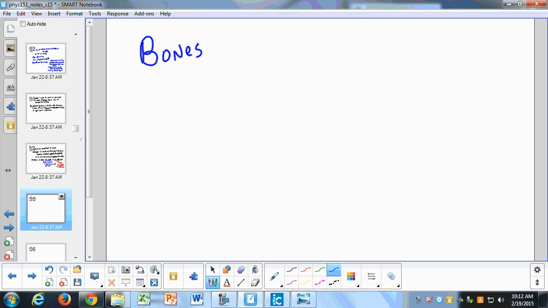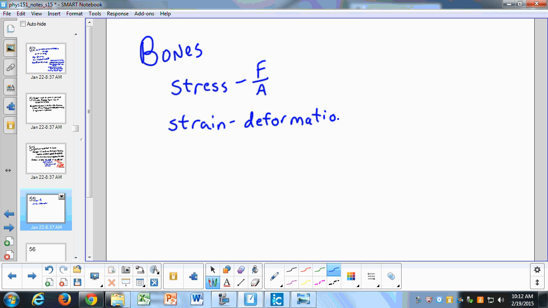We've already talked about stress versus strain. Remember, stress was a force per unit area, and strain is the deformation due to stress. So, for example, if you weigh 180 pounds, let's do this as a clicker question.